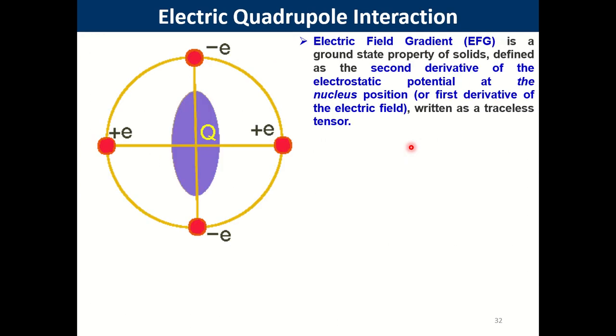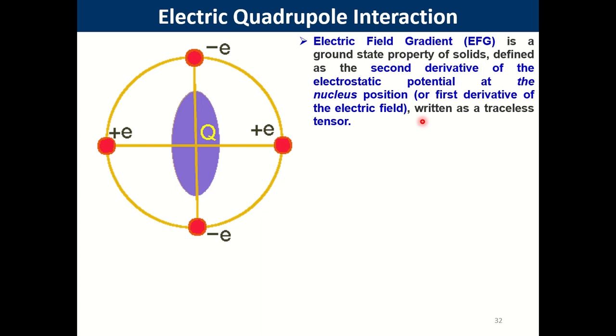So the electric field gradient is a ground state property of solids, and it can be defined as the second derivative of the potential or the first derivative of the electric field. That is what I was saying: if you are considering the electric field, it is how it changes with change in distance r, dE by dr, dE by dx.